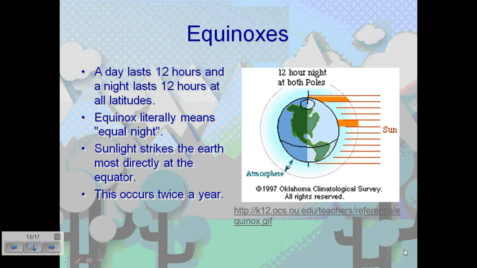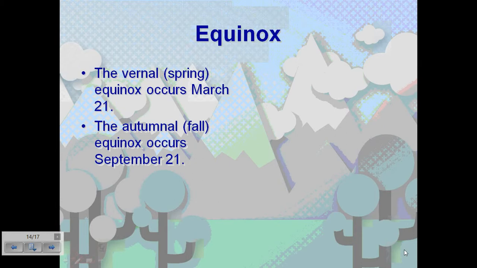This occurs twice a year. The vernal equinox occurs on March 21st, which is soon approaching, and pretty much this Friday. The autumnal, or fall, equinox occurs a little bit later on September 21st.